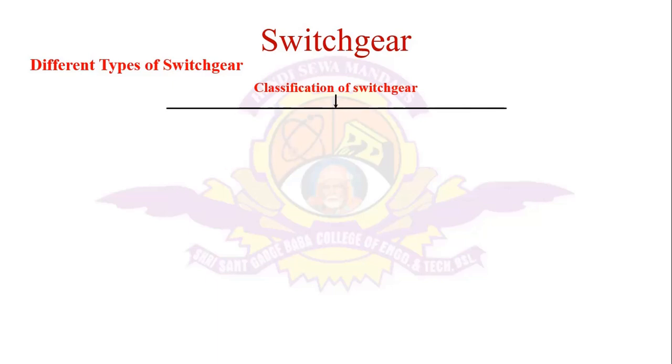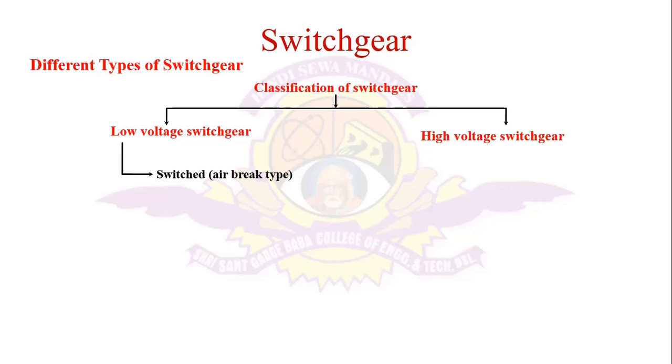First is the low voltage level, that is the low voltage switchgears, and second is the high voltage, that is the high voltage switchgears. In case of low voltage switchgear, we majorly use five types. First is the switches. These are the air break switches. Air break means we use air as the arc quenching medium for disconnecting the switch.